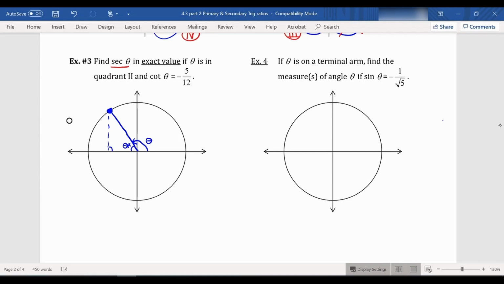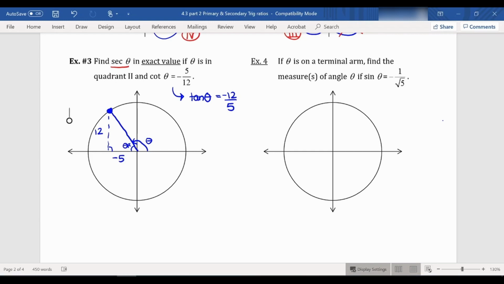We know that cotangent is negative 5 over 12. If cotangent is negative 5 over 12, then tangent is negative 12 over 5. So this means my opposite is 12, my adjacent is 5, and the negative must go with the 5 because this is the negative x-axis here.